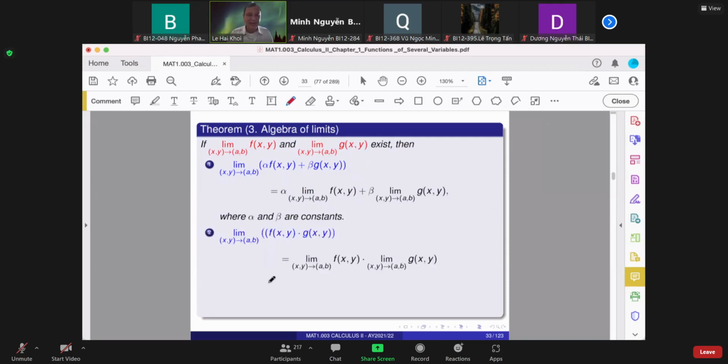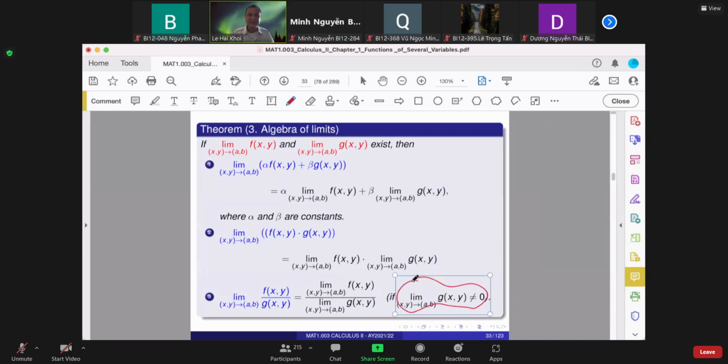But more than that, you still have the limit of a product is the product of the limits, and the limit of a quotient is the quotient of the limits, provided the limit in the denominator is not 0. Such a thing you need, and using that you can get other results for limits, exactly as we did for calculus 1.